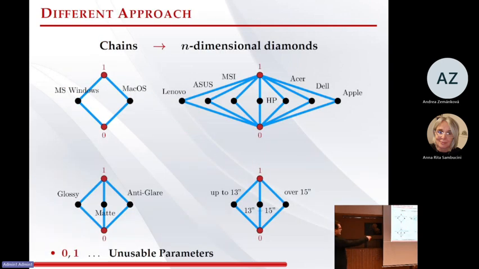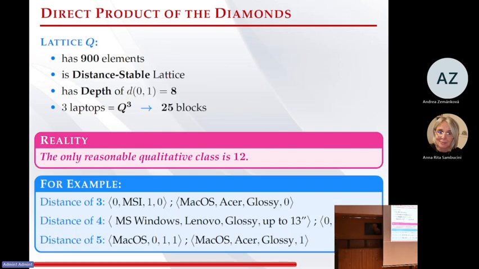And from the direct product of these n-dimensional diamonds, we get again a distance stable lattice U with 900 elements with a depth of 8. And for the ternary aggregation function, we get 25 blocks. Based on the real situation, we get only one reasonable qualitative class, which is 12. In other classes, there is no real laptop. So the golden mean is, of course, 12.